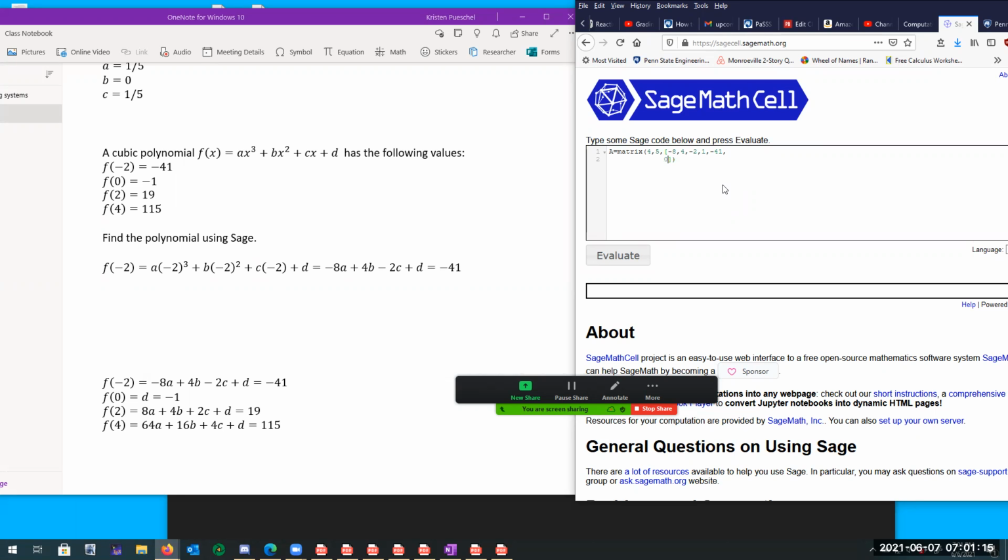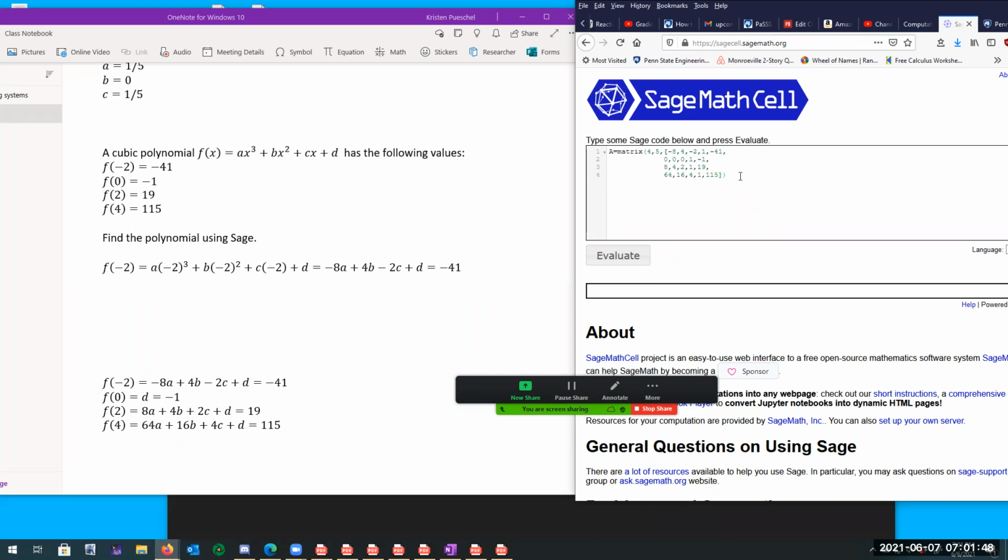We get 0a, 0b, 0 c's, 1d, and this is equal to -1. So that's one simplification. You might have gotten rid of all of your d's. We see 8 a's, 4 b's, 2 c's, 1 d is equal to 19, and 64 a's, 16 b's, 4 c's, 1 d is equal to 115.